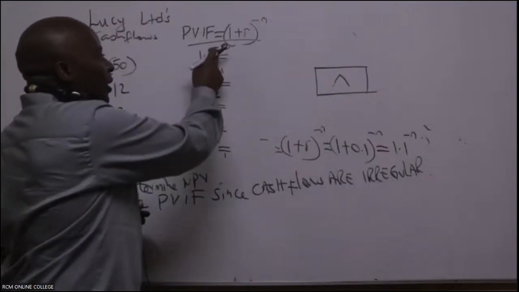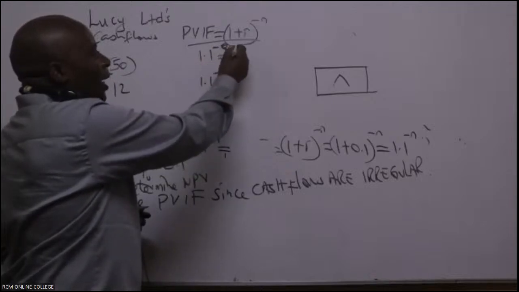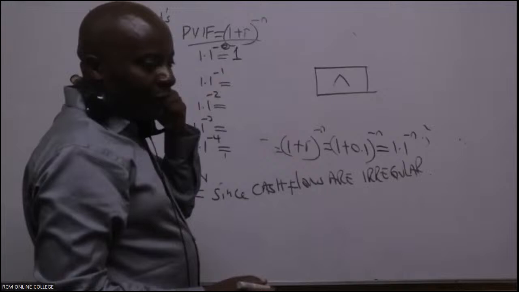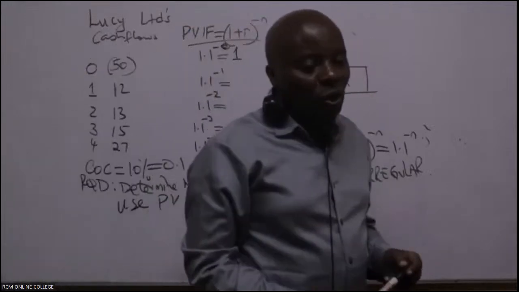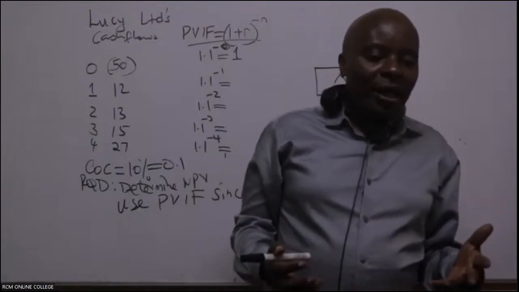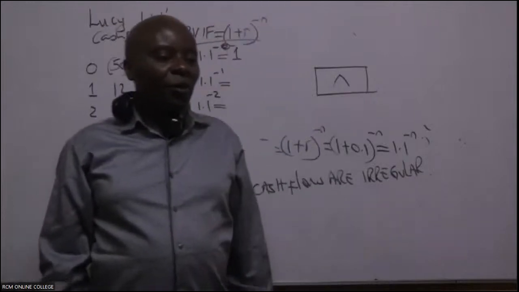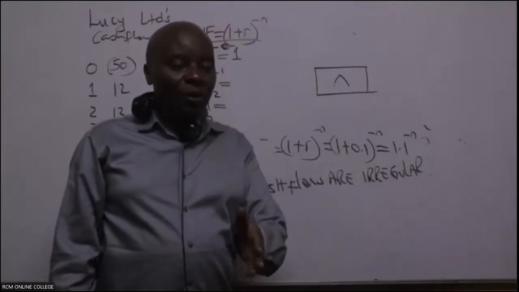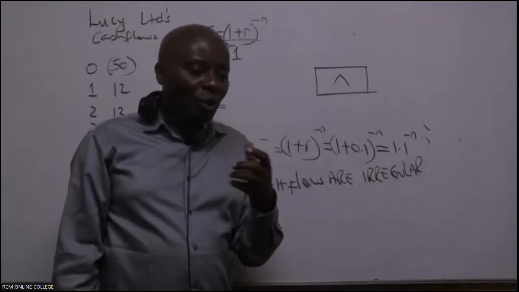This 0 times the negative will kill the negative, so the answer I know here is exactly 1. Betty is able to confirm. Unfortunately, only one student is able to confirm. Kevin Wanjala, thank you very much, 1. I would want to see confirmation from many students.